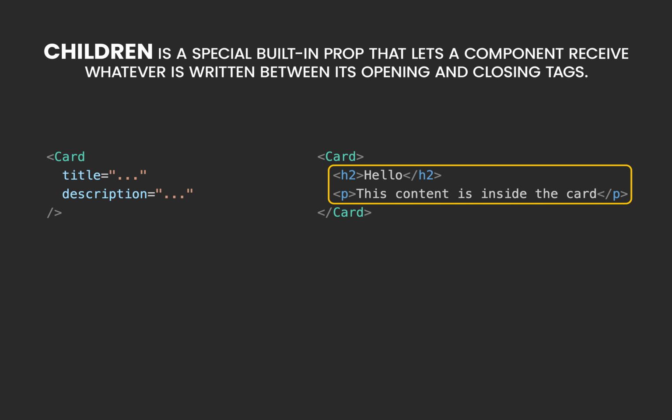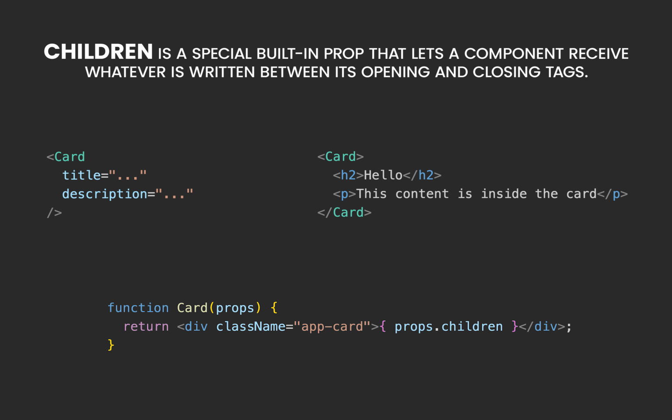Now this content, the heading and the paragraph, is placed inside the Card component, and React gives access to it in the component function using props.children. So the children prop allows us to pass not just text or data, but complete UI inside a component. That is why the children prop is very powerful.